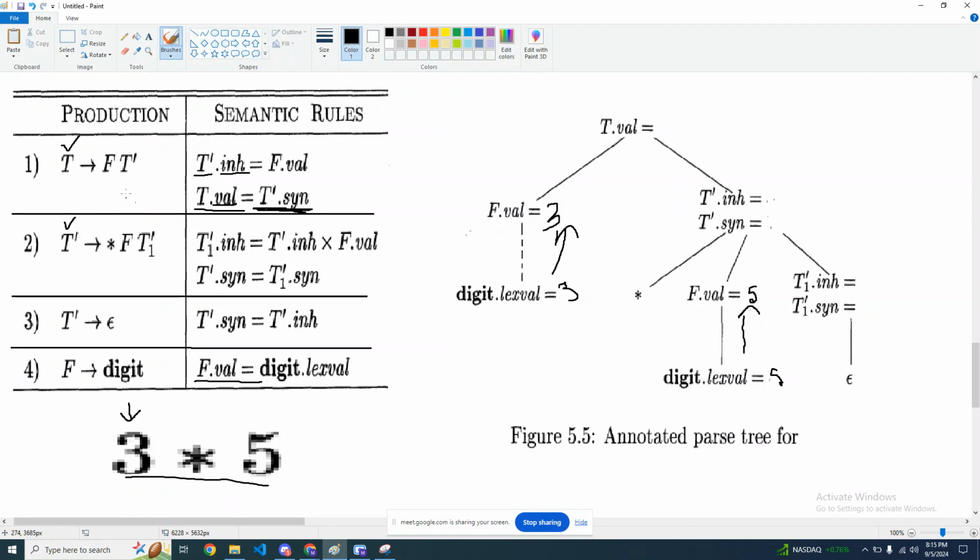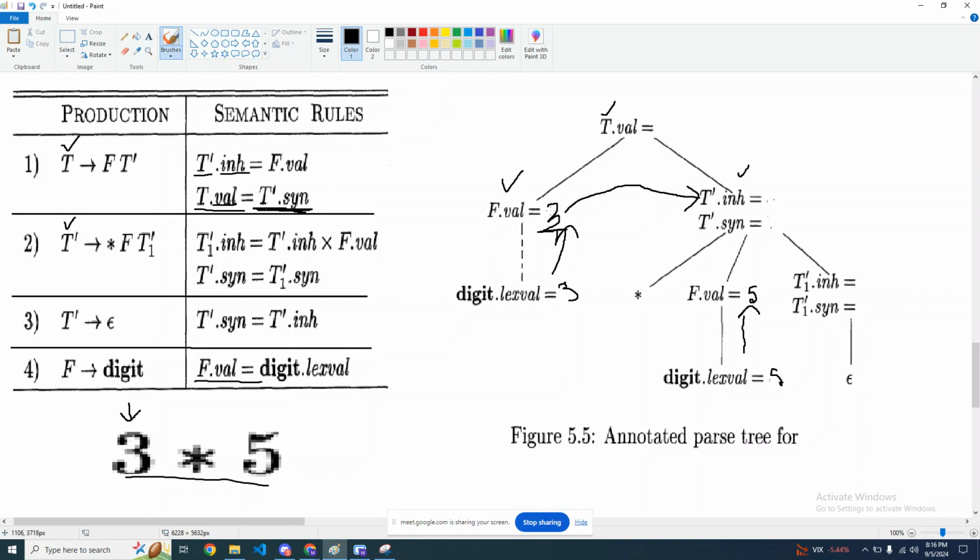Now if we look here, t produces f t prime. We can see that t1 dot inherit is equal to f dot val. What is the f dot val? F dot val is 3. So t1 is inheriting the value from f dot val, so it is inheriting the value from its left sibling.